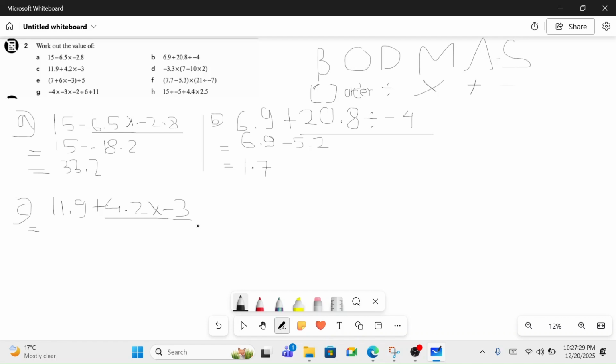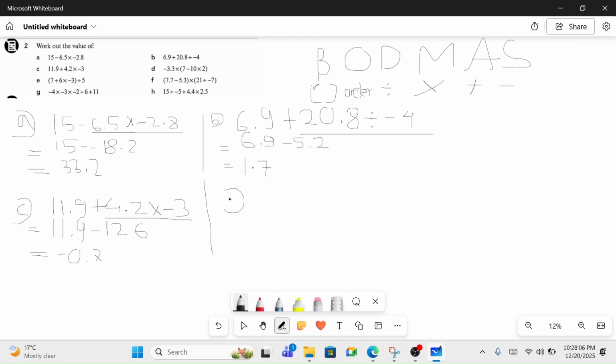So if we multiply, we will get something around minus 12.6. Now we can do 11.9 minus 12.6. This should give us an answer of around minus 0.7.